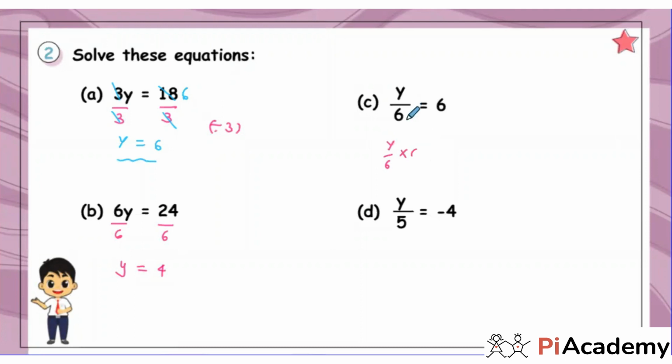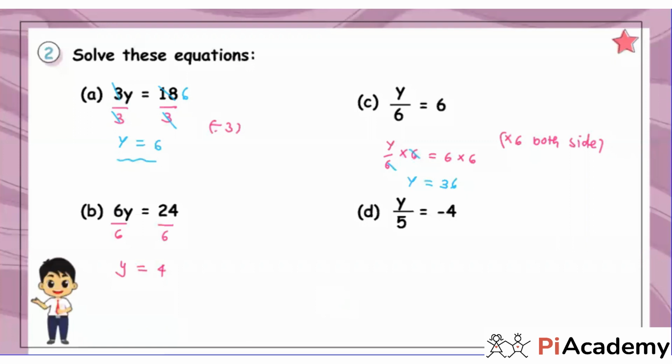This is divided by 6, so you have to do times 6, both the sides, okay? So that we have to follow. And if you follow this, this 6 and this 6 will get cancelled. But before that, on the right hand side also, you have to write like this. After that, you are allowed to cancel. So y equals what? 36. Clear? Very good.